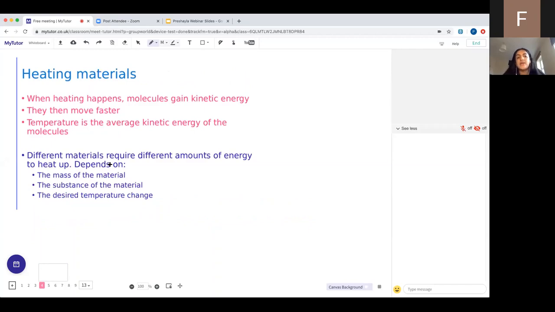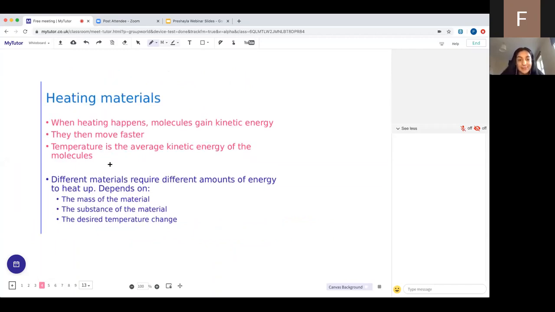Okay, so heating materials. When heating happens, molecules gain kinetic energy. When we apply heat to a material, the molecules vibrate faster. They gain more kinetic energy.